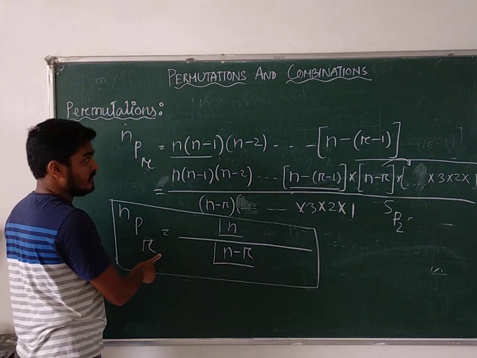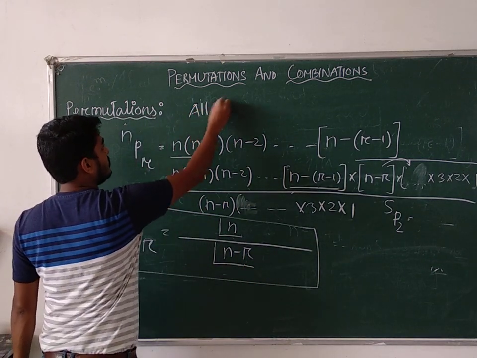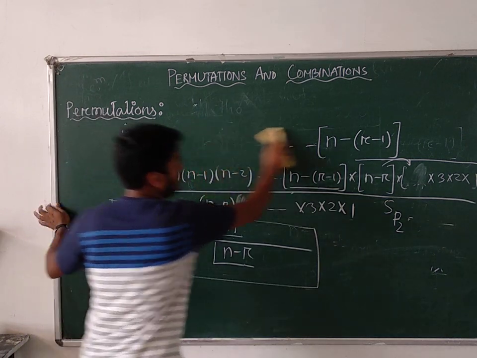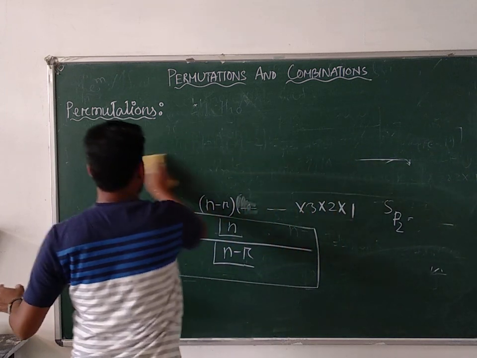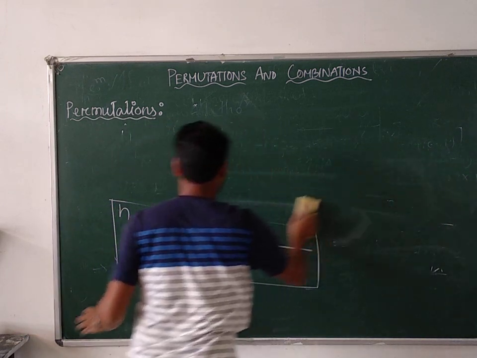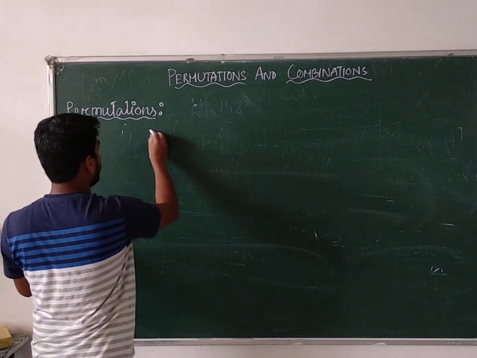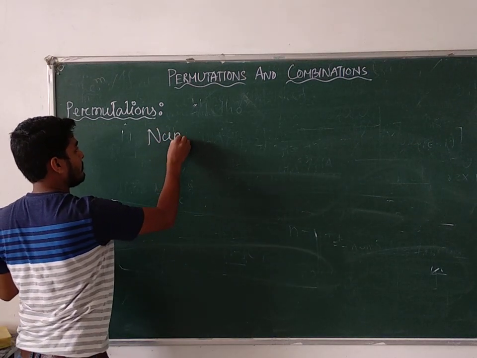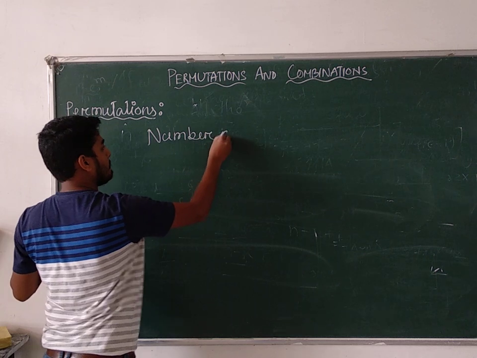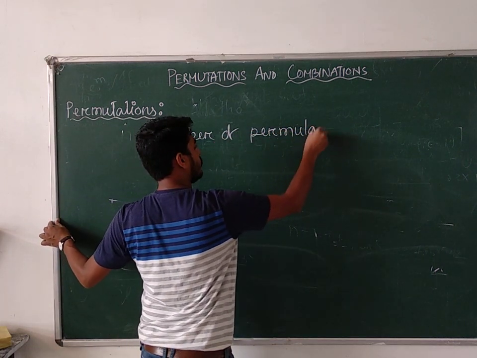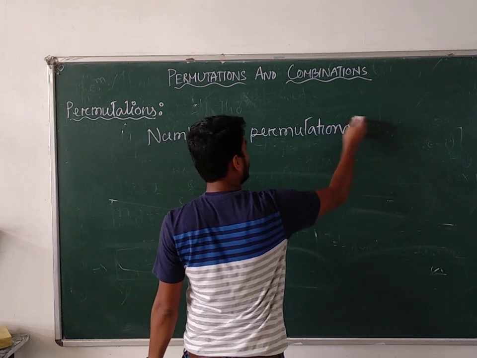This is the formula for the number of combinations. Wait, I am writing it down once again. Number of permutations.